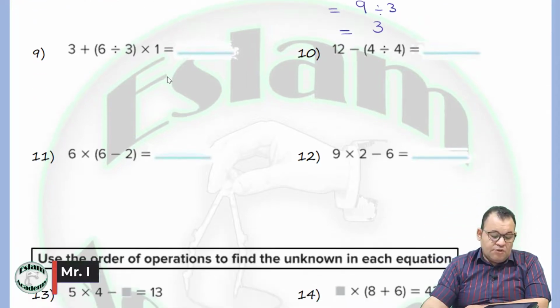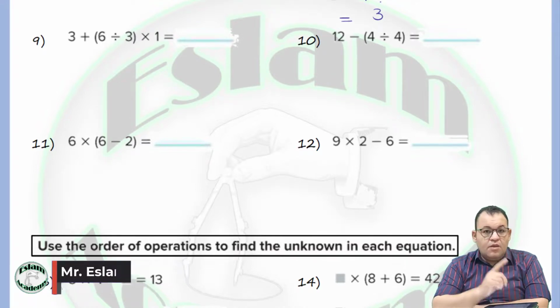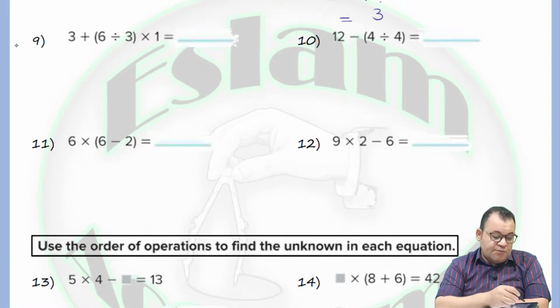Again for question number 9. We have 3 plus 6 divided by 3 inside the bracket, multiplied by 2. Number 1, we will solve the operation inside the parentheses. We have 6 divided by 3, which will be equal to 2. Rewrite the question again one more time. So it will be 3 plus 2 multiplied by 1.